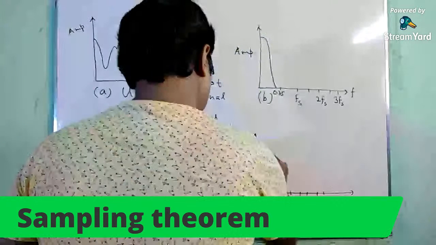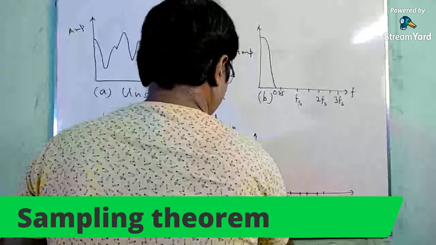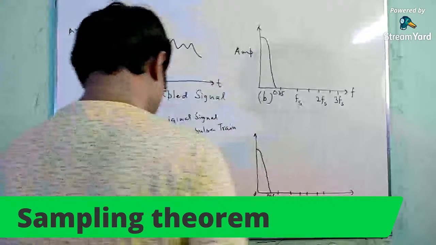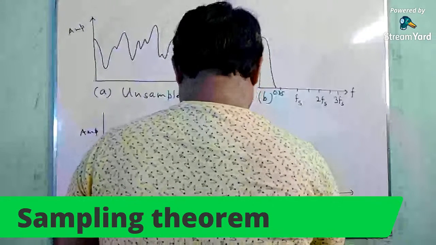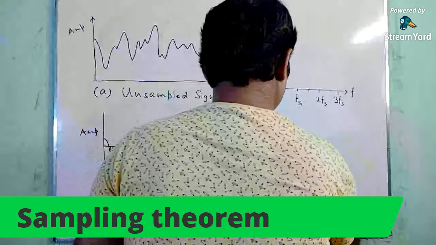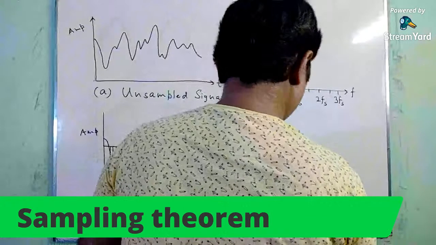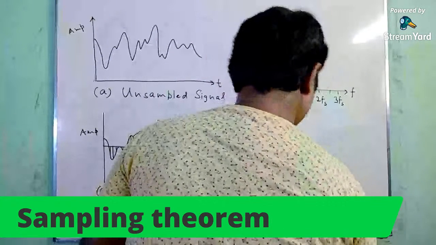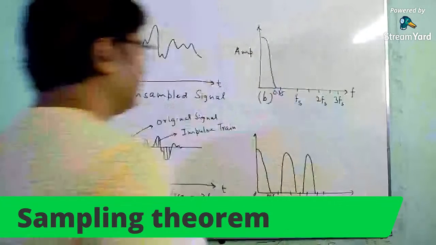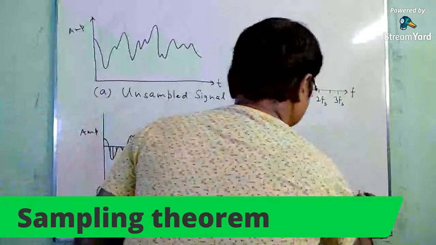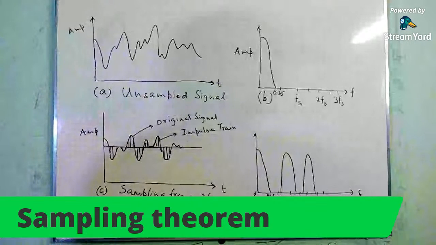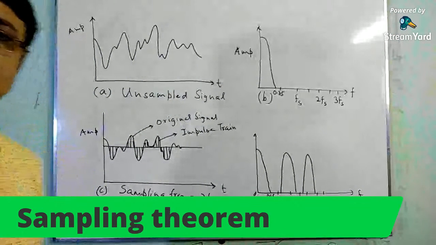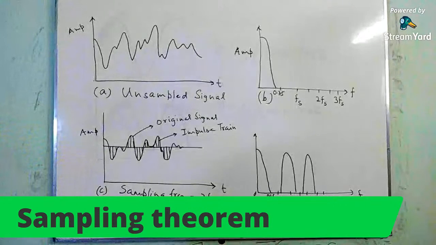So if it is that 0.35, then if we closely observe this frequency spectrum shown in figure D, what we can conclude is the following.